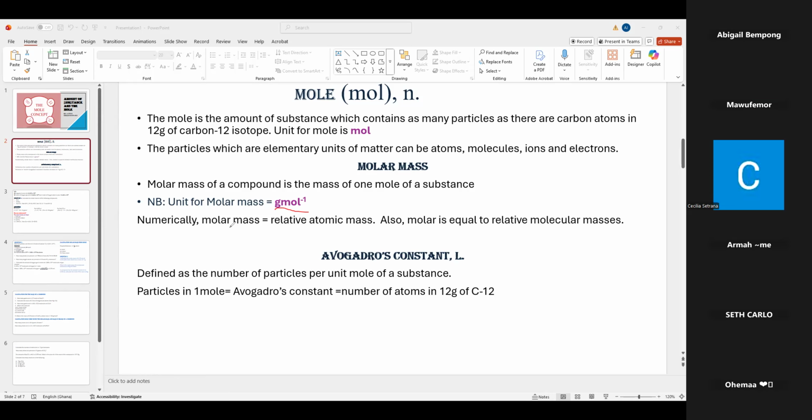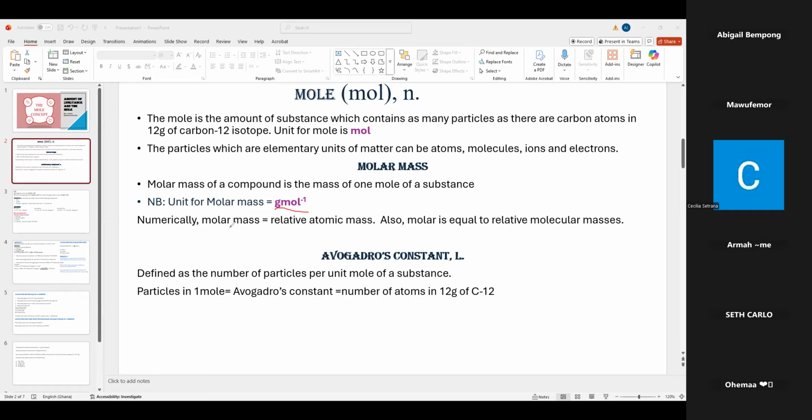Here we are relating Avogadro's constant, the number of particles and a mole. When we took the molar mass, we saw that it is related to the mass of the substance and the mole of the substance.